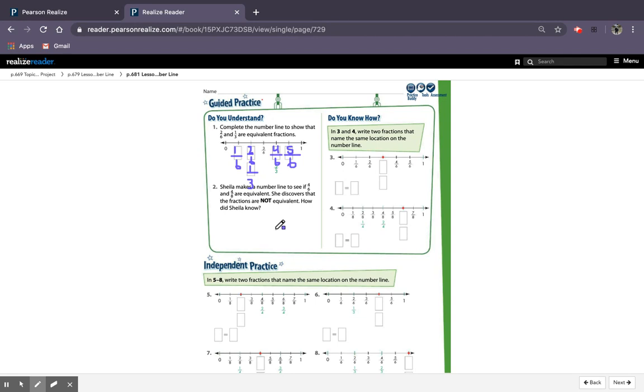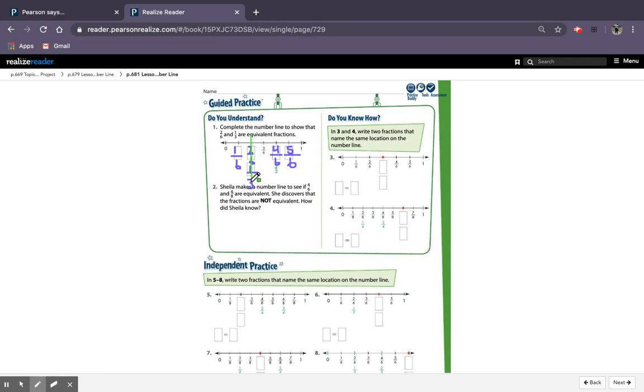So our book answer and also my answer for this sentence would just be that when she drew her two number lines, she noticed that they were not the same distance from 0, or that both fractions were not the same distance from 0. You could say that they didn't line up when she tried to draw a line to match them, because that's what I've been doing.